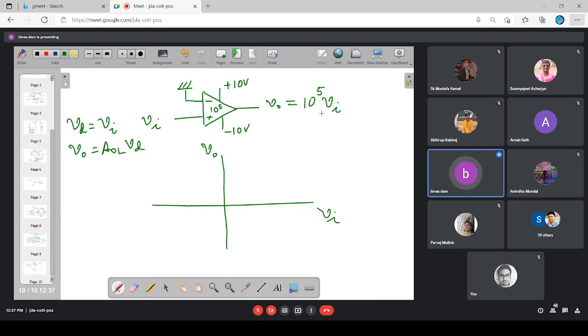What are the two saturation voltage levels? Plus 10 volt, minus 10 volt. Fine. So to plot the transfer characteristic, let me first find and mark that range.